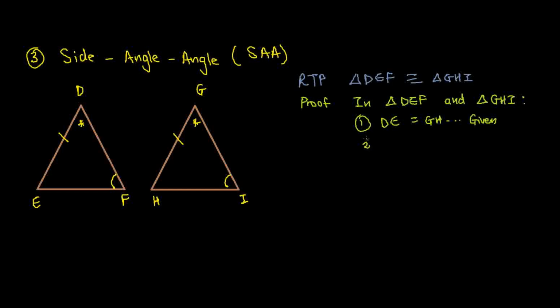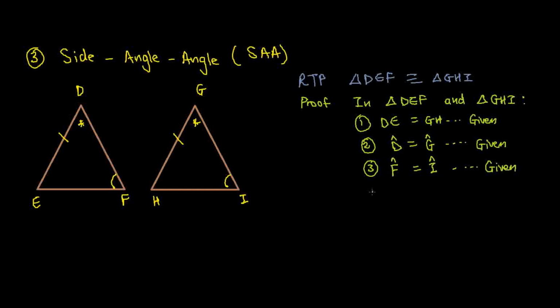Right, I also notice that there's two pairs of corresponding angles that are equal to each other. That angle D is equal to angle G, and angle F is equal to angle I. So as angle D is equal to angle G, it's given. And lastly, angle F is equal to angle I. It is also given.